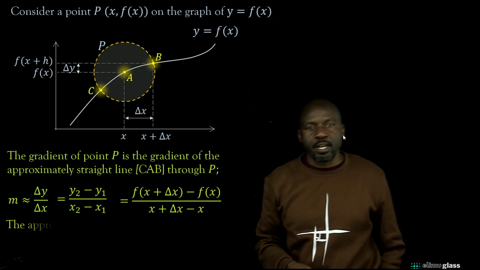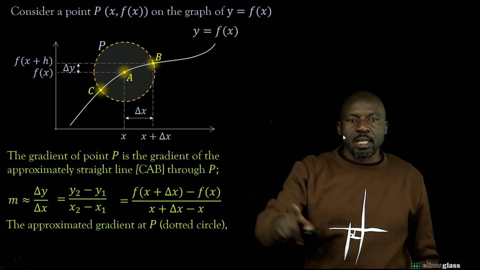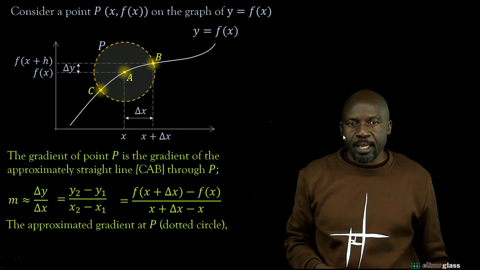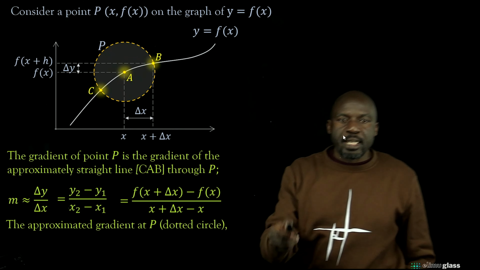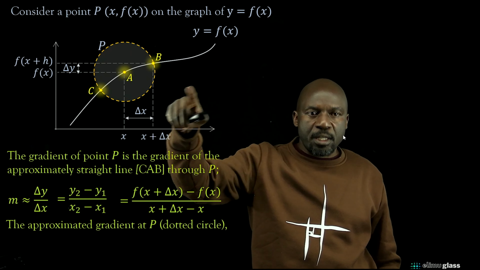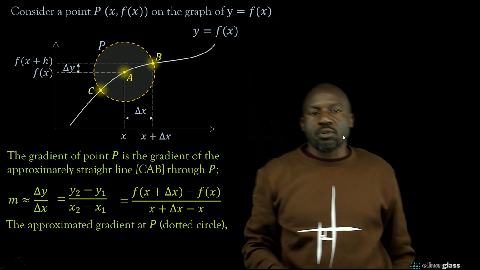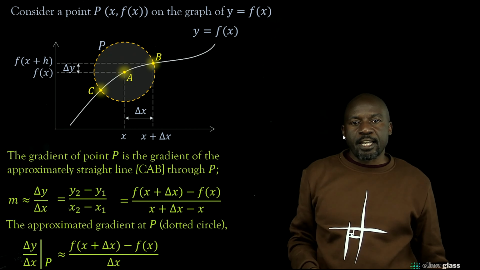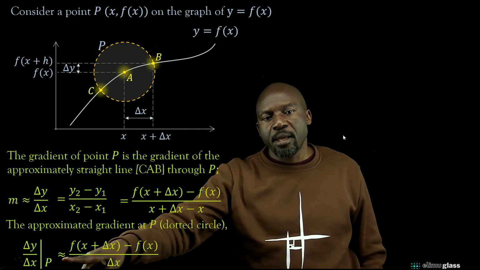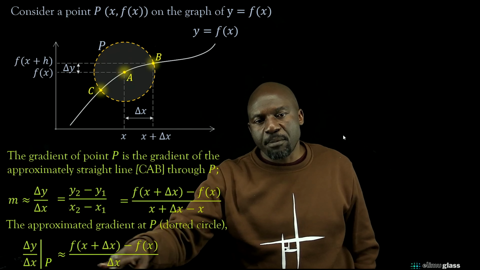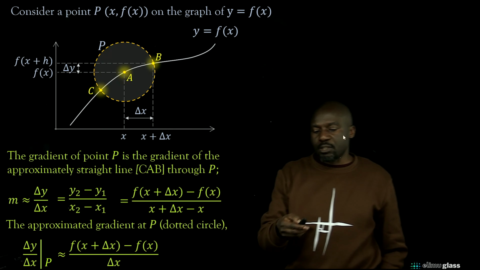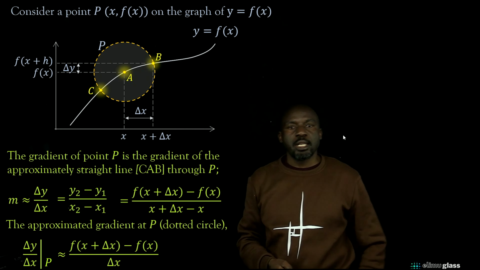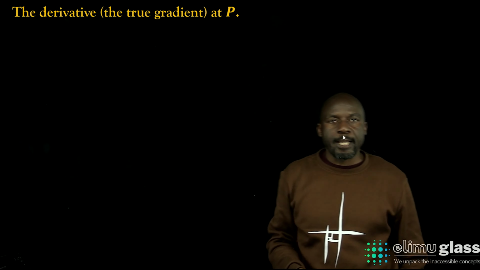All right, if I simplify that, what do I get? You can see that x here is going to cancel with that x there, and I'm only left with delta x in the denominator. So the approximated gradient at point P, the dotted circle, expressed as delta y over delta x at point P, is approximately given by that expression there. Now this might not appear to make sense now because we are talking in general, but we will soon see how this becomes useful, okay?